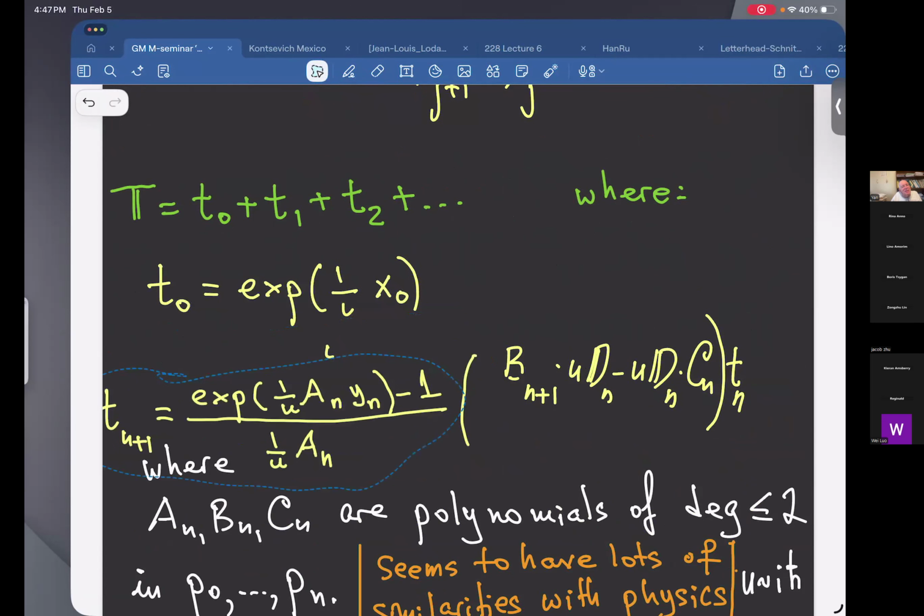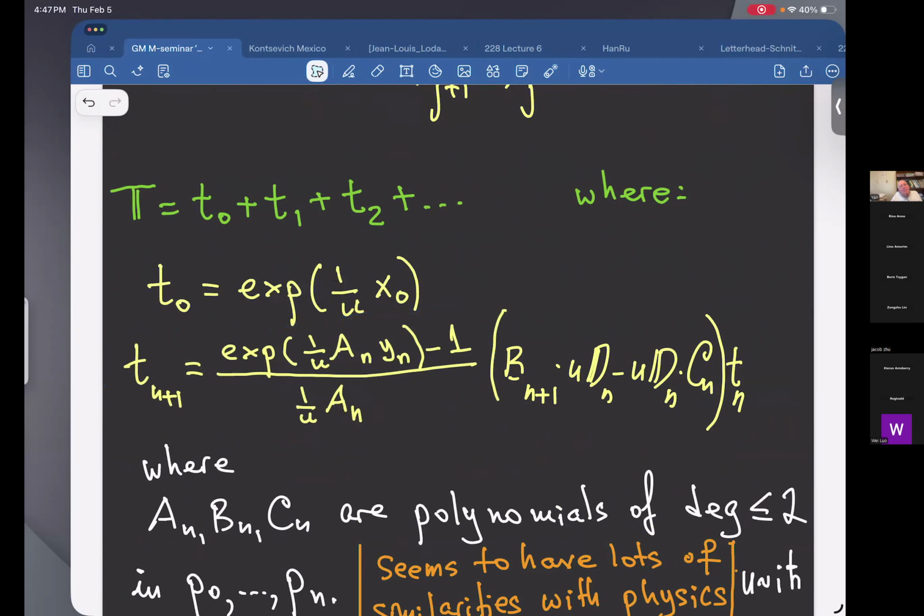Those A's, B's, C's are quadratic in momenta. I don't know. To me, it's very much suggestive of something, but I have no idea.